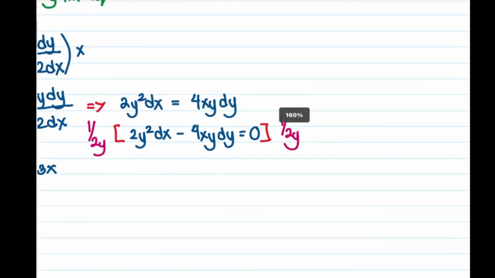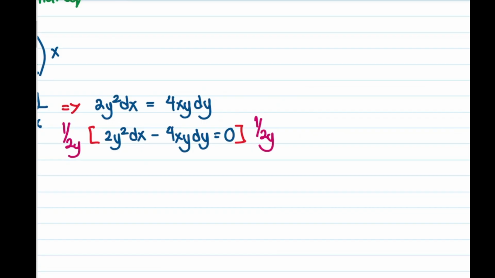So simplifying further the equation, it will yield this one. So 2y squared divide 2y will be y dx, I think, y dx. So this one will be cancelled out. So this one will be just y. Okay? And this one will also be cancelled. 1.